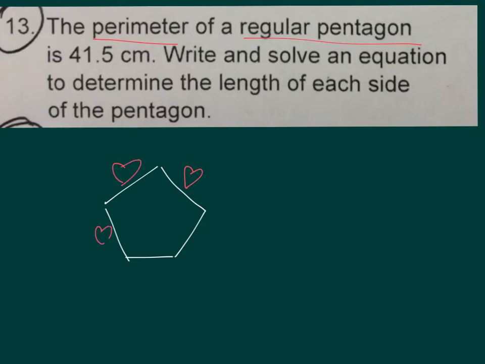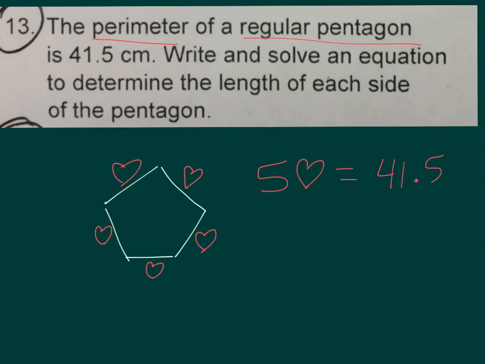If I add all these together, that's 5 hearts. So one way of writing it is 5 times heart. If I multiply each measurement times 5, I should get 41.5 centimeters.